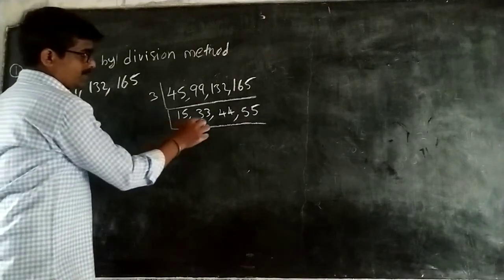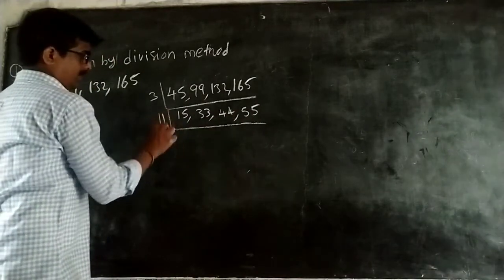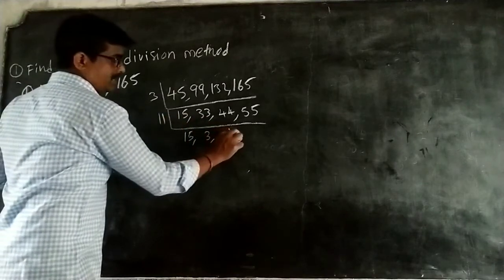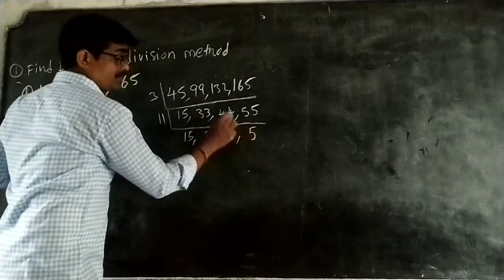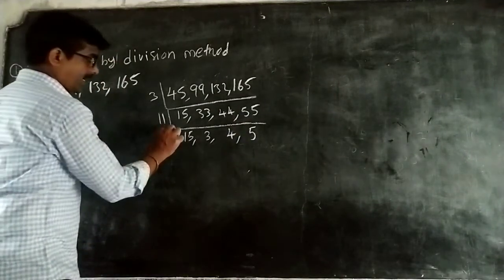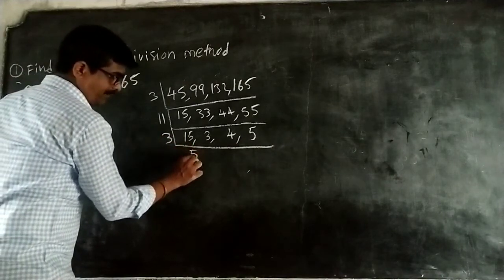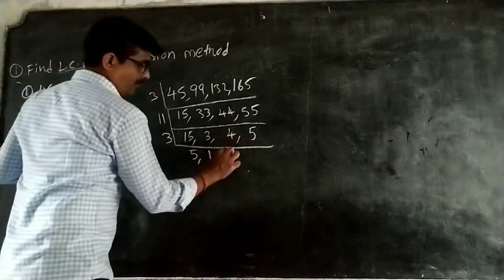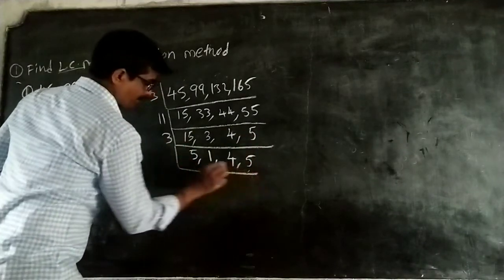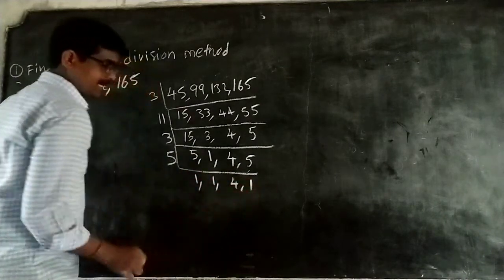Next, if possible, I am taking 11, since it divides easily. 15 stays as it is; 33 by 11 is 3, 44 by 11 is 4, 55 by 11 is 5.